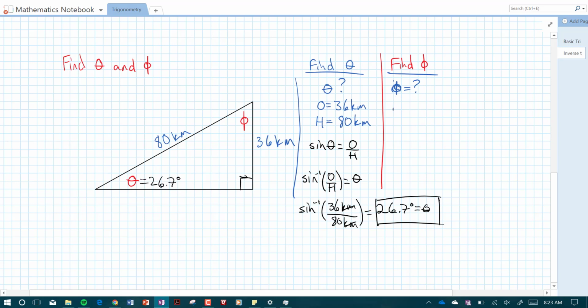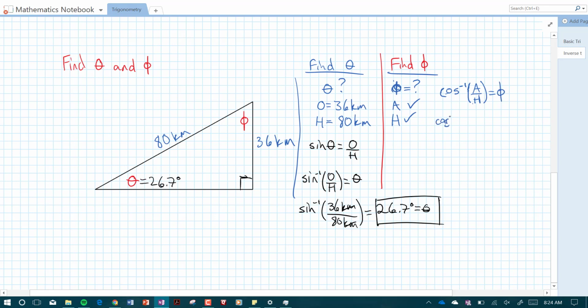In this case, 36 kilometers is our adjacent leg, and our hypotenuse is 80 kilometers. So the trig function that relates adjacent to hypotenuse, so CAH, is going to be cosine. Since we want the angle as our output, we're going to use the inverse cosine. Cos to the minus 1. That is inverse cosine, not cos to the minus 1 power. Inverse cos of adjacent over hypotenuse is equal to phi in this case.